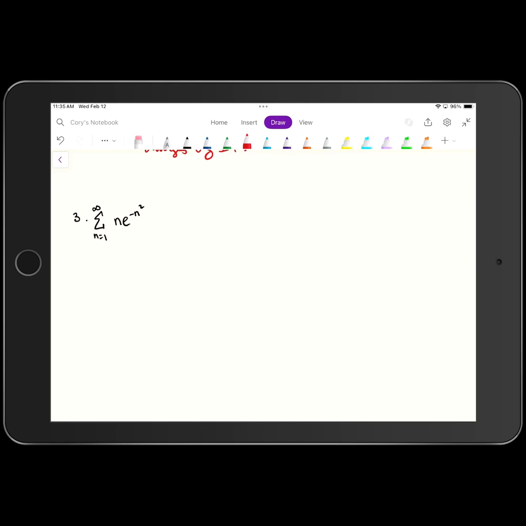Okay, so again, our 3 conditions are that f is continuous, f is positive, and f is decreasing. And we're checking all of these on the half closed interval from 1 to infinity.